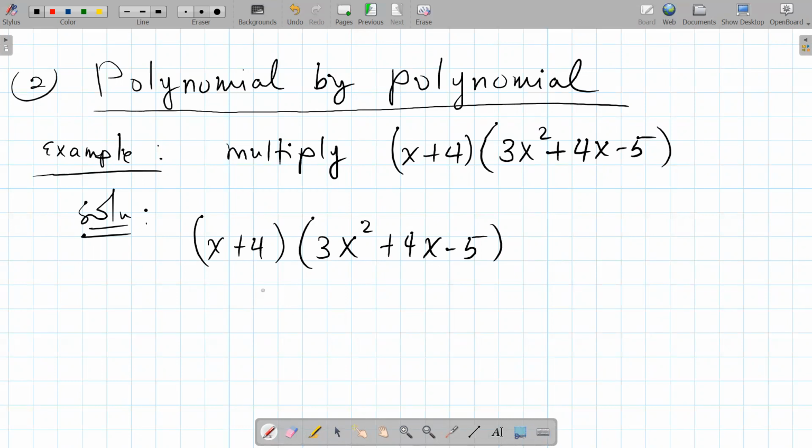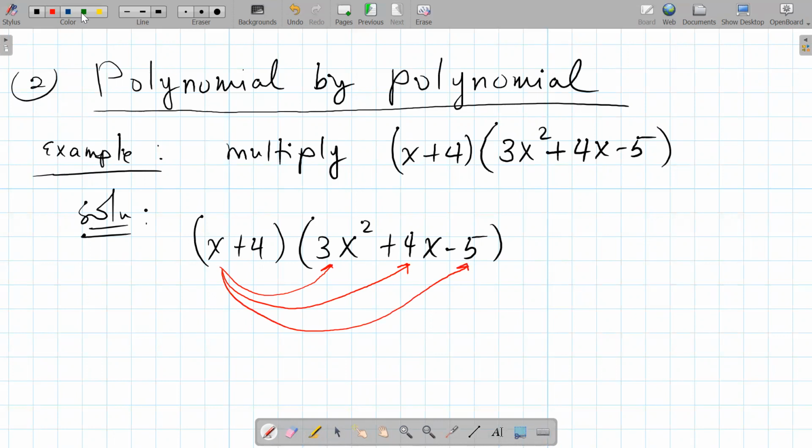Now what we do here is you can go from left to right, where every term of this first polynomial has to multiply every term of the second polynomial. Then the second term will also do likewise. So basically, we're going to go this way. Let me use red. The x is going to multiply that, and it will multiply that, and finally, it will multiply this.